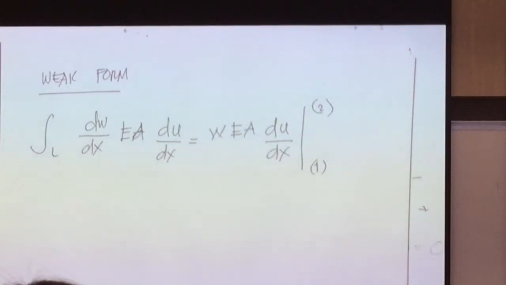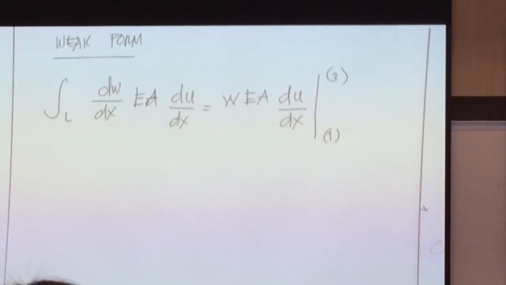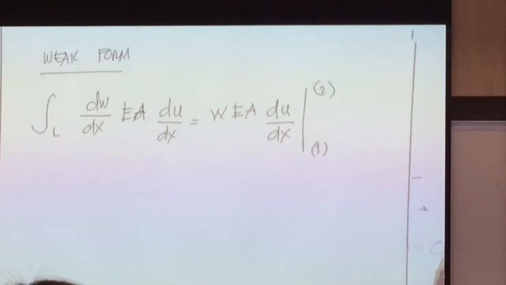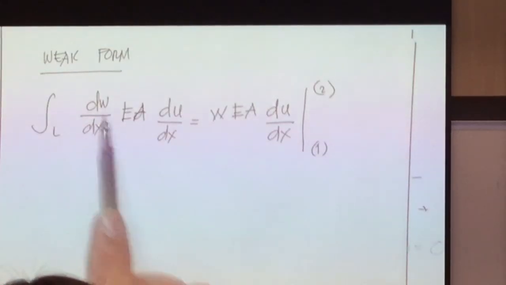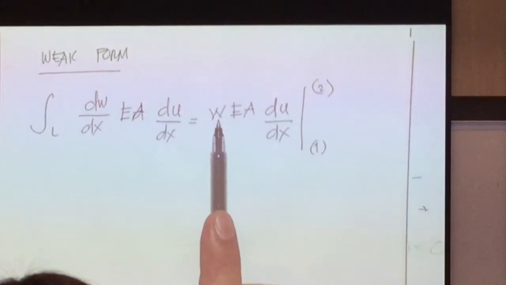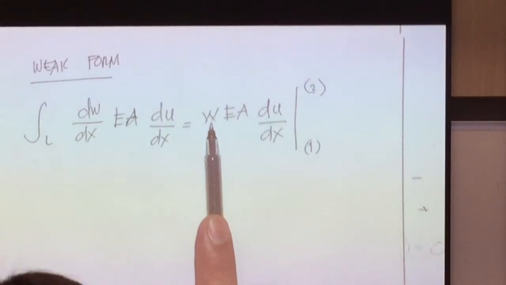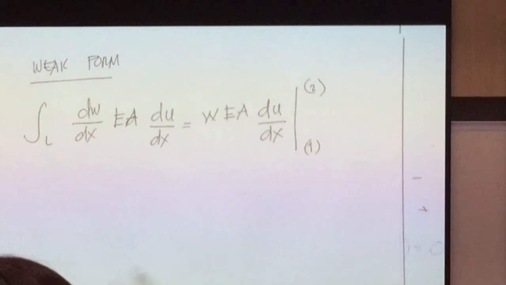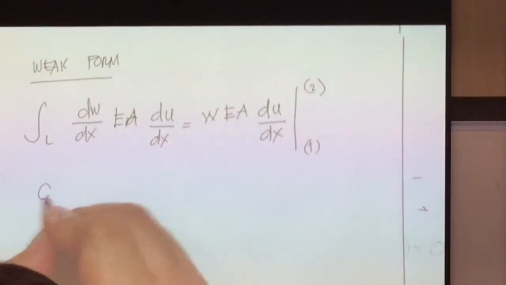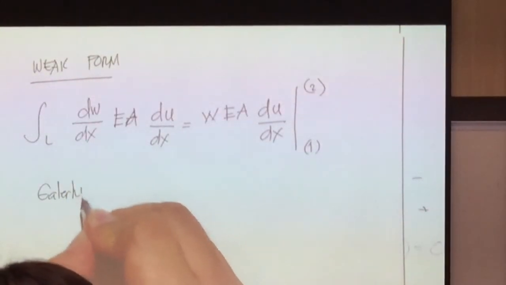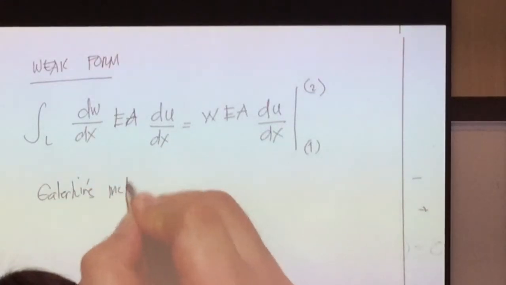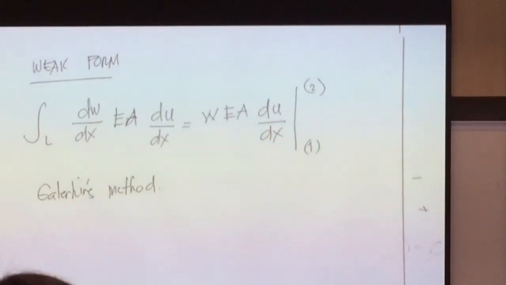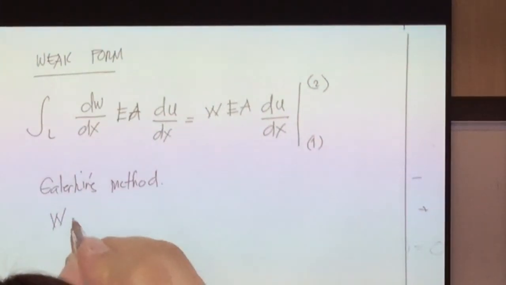The thing here is that for Galerkin's method, the weight function is chosen to be the same as the shape function. So I'm going to write here, Galerkin's method: your weight function is equal to your shape function.